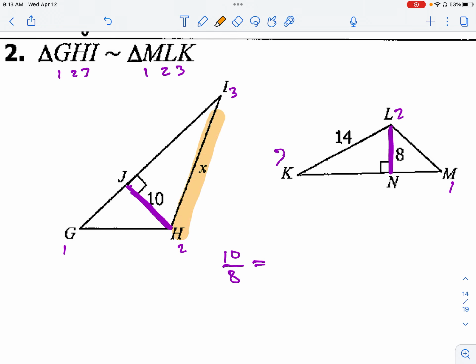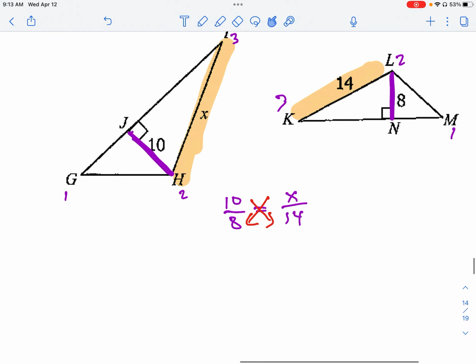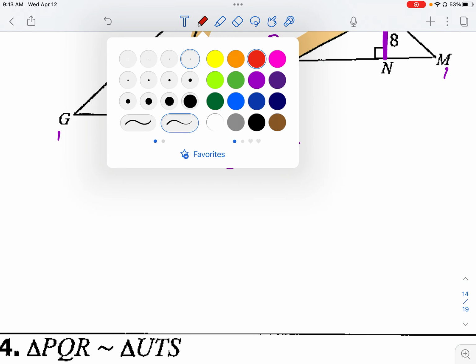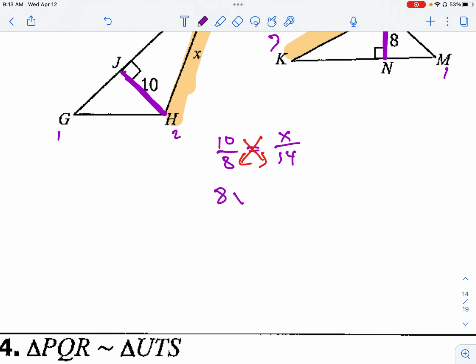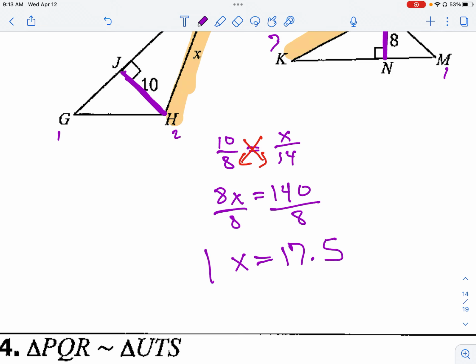Then we got x here is between 2 and 3. 14 is between 2 and 3, so we can match those two up. Cross multiply and solve. So 8x equals 140. Divide both sides by 8, and we're going to end up with x equals 17.5.